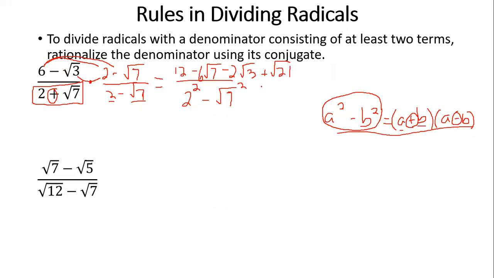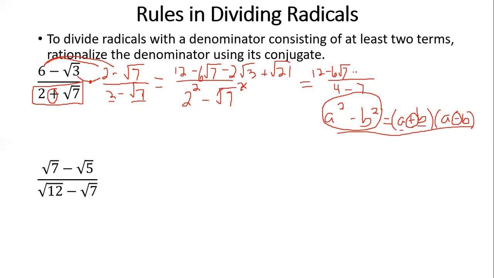Hindi na po natin masisimplify yung nasa taas. Pero yung nandito po sa baba, pwede po natin isimplify yan. So, that will be 2 squared, that is 4. Minus, magka-cancel po yung squared at saka yung square root, giving us 7. Then we have 12 minus 6 square root of 7.